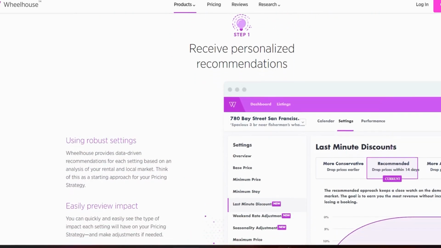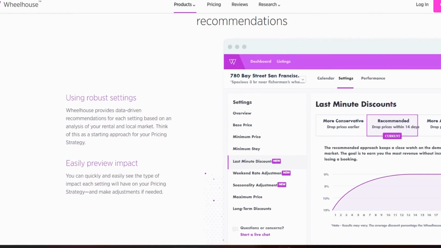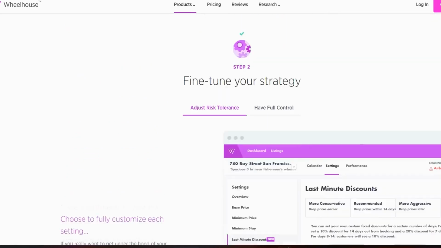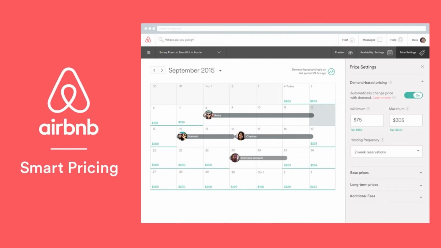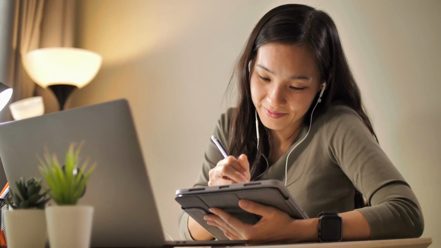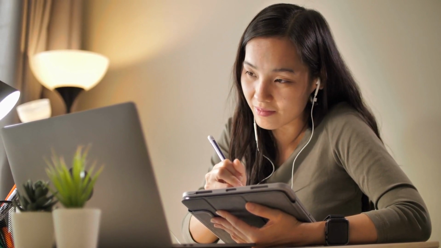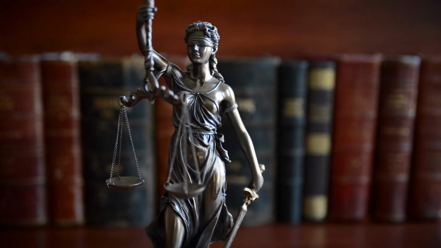You can use dynamic pricing tools that automatically adjust your prices based on demand and availability, or you can manually adjust your prices when you know there is a peak travel time. It's important to be transparent and communicate any pricing changes to your guests to avoid confusion and disappointment. Remember to consider local laws and regulations regarding pricing as well.